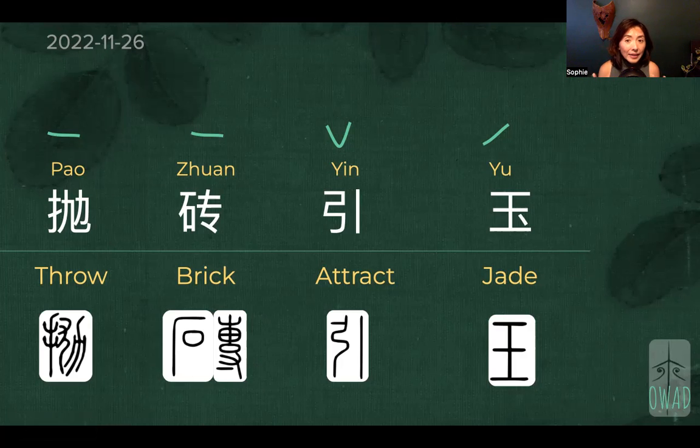In either case, it's a domestic fabric production activity that requires your attention. So this right side, which contemporary Chinese simplified, in the ancient way came from this focus of attention on fabric-making activity, supposedly spinning or looming.